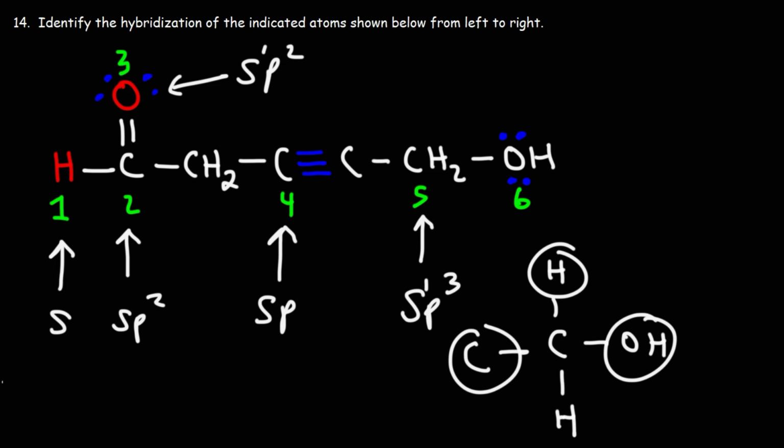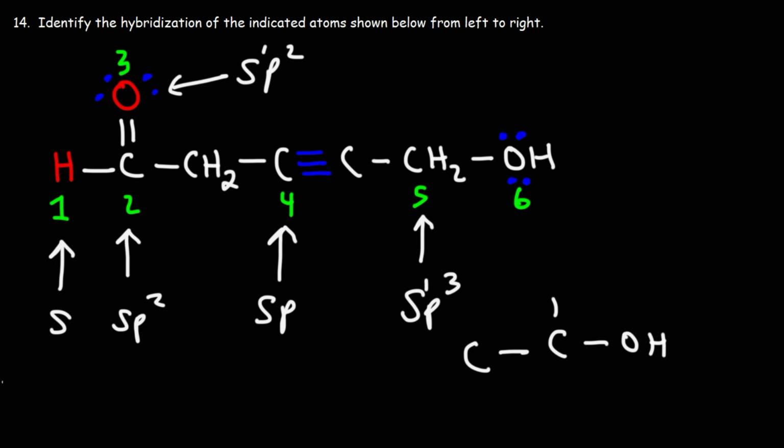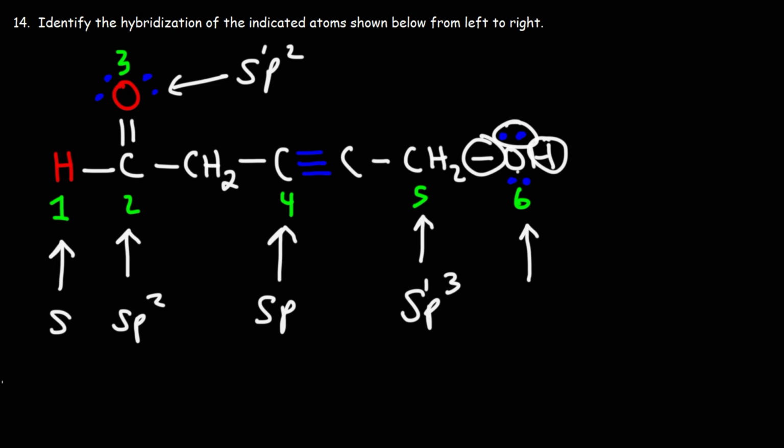So it's S1P3 hybridized. 1 plus 3 is 4. Finally, the oxygen atom with the lone pairs. This is the first group, second group, and then the 2 lone pairs. It has 4 groups, no pi bonds, so it's going to be sp3 hybridized.